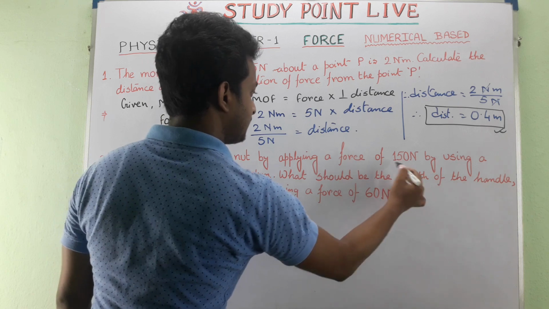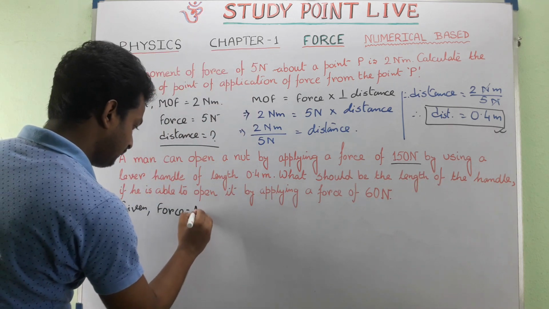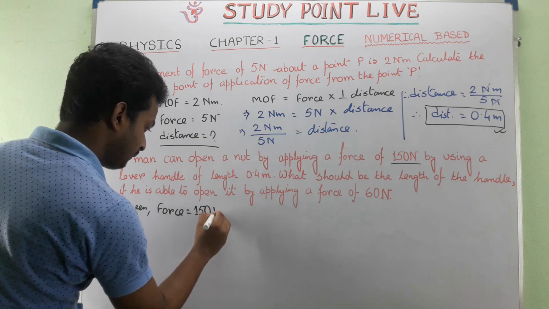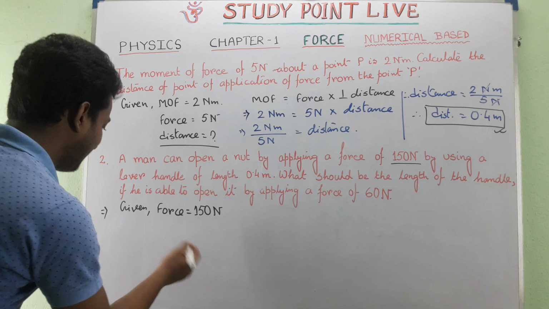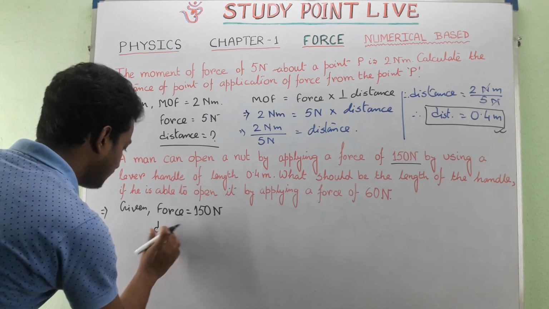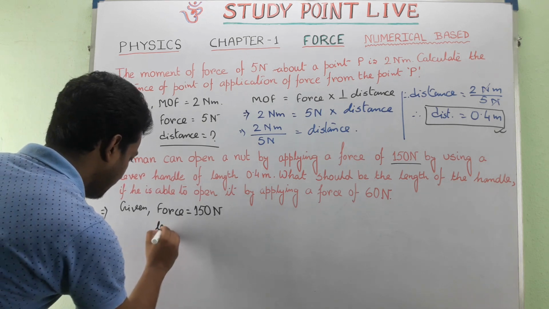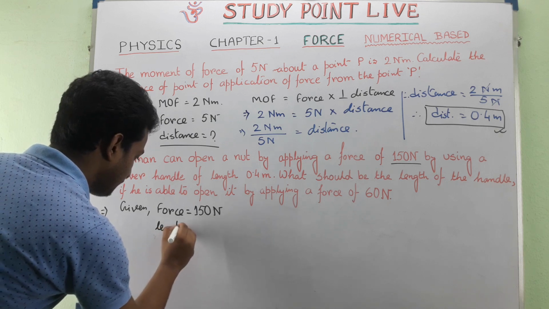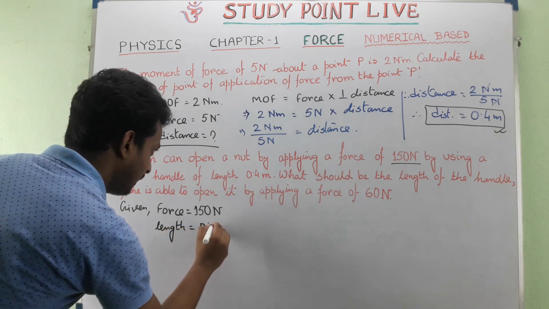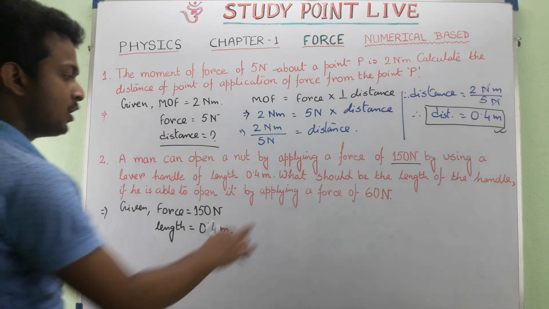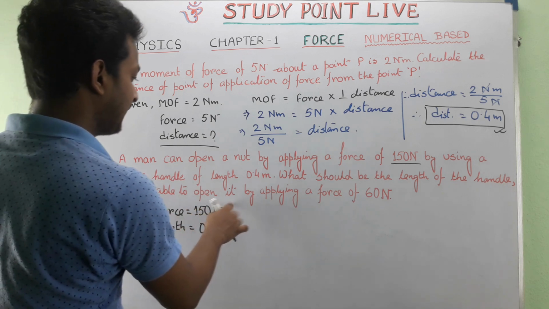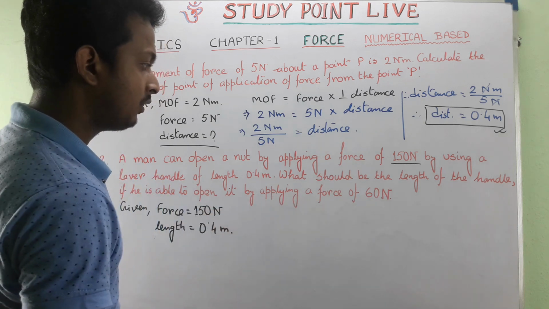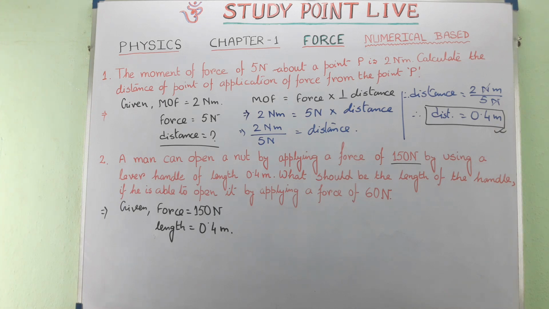First given thing is force, that is 150 Newton, by using a lever of length, that is the distance, so let us write it as length. Length is 0.4 meter. What should be the length of the handle if he is able to open it by applying a force of 60 Newton?